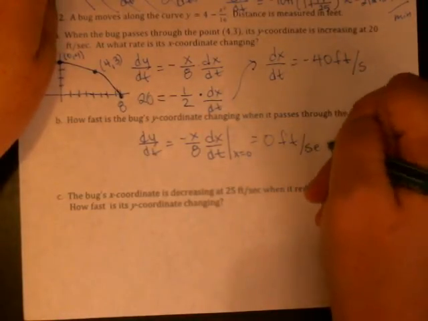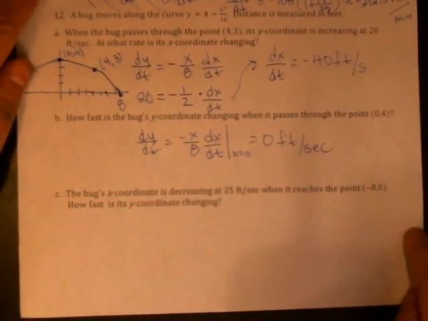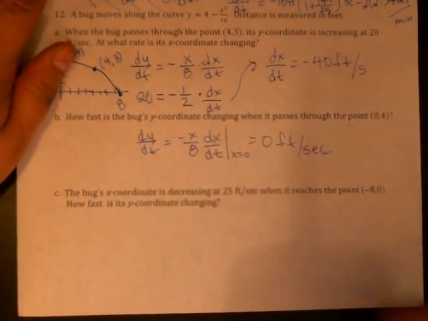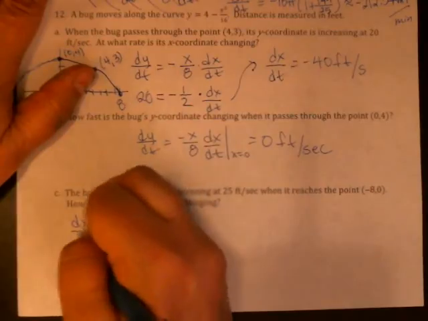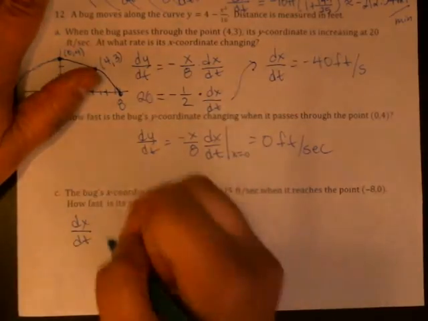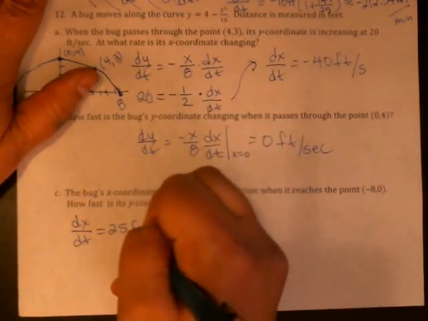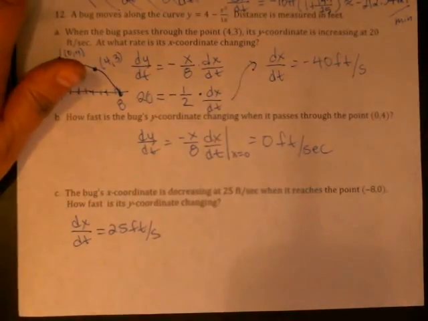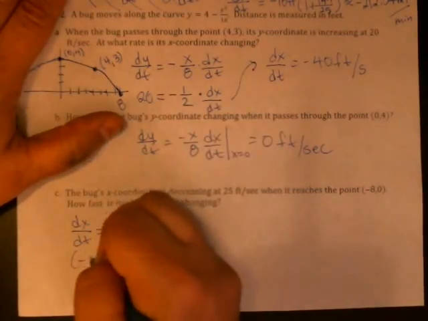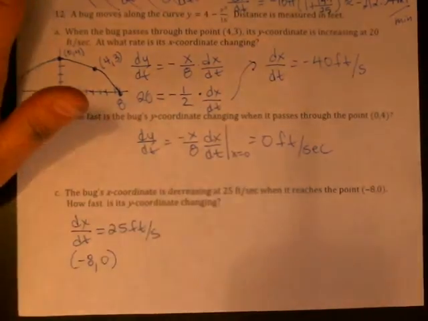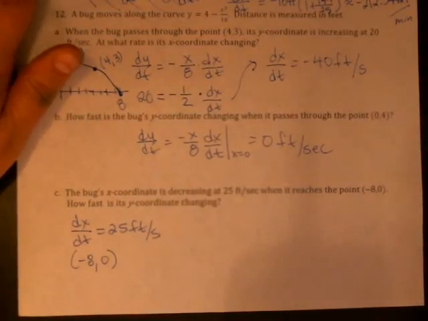Feet per second. Okay, and then the last part, if the x-coordinate is increasing by 25 feet per second, when it reaches the point negative 8, 0, how fast is its y-coordinate changing?